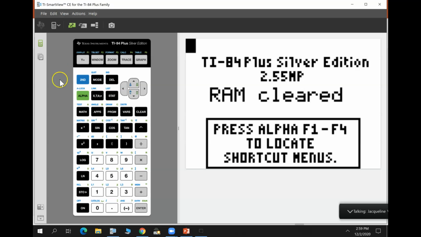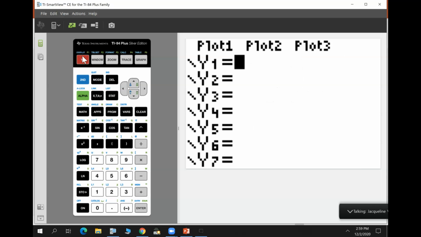But here's what to do if you have the older calculator. When you go to y equals, if you sit on top of your equal sign, now I don't have the inequalities app on this one. Like you saw when I changed over, it cleared my RAM. But if you sit on top of your equal sign, down here, you'll get little buttons where you have greater than, less than, greater than or equal to, less than or equal to, equal to. Right below those buttons are F1, F2, F3, F4, and F5.